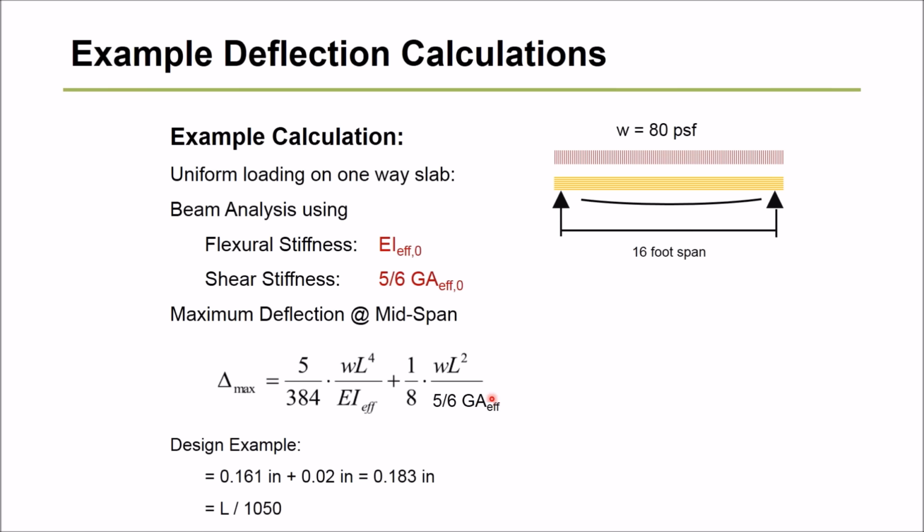I don't have all the details shown, but basically you get about 0.16 inches of flexural deformation, about 0.02 inches, very small, of shear deformation at the middle, so a resulting deflection at the middle of 0.18 inches. In this case, it's almost an L over 1,000 deflection for this 5-ply panel spanning 16 feet in a common floor application.